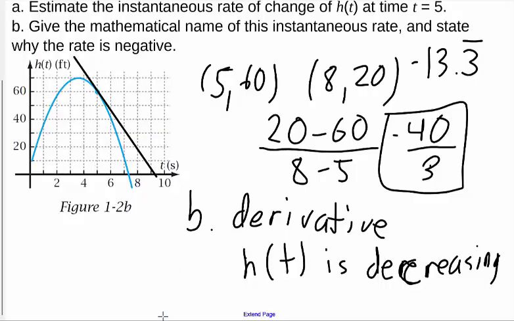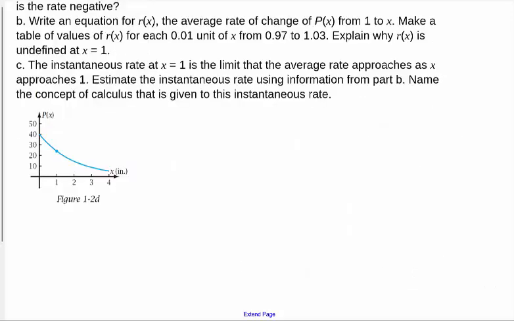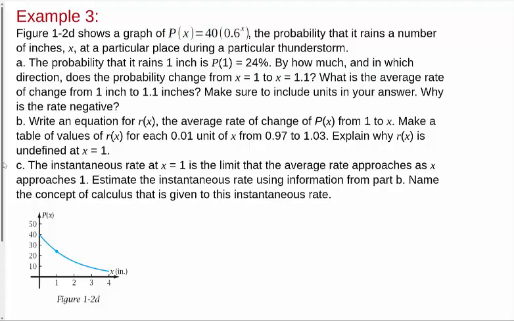All right, let's look at now an example with a function with values, not with an equation. So it says, figure 1-2D shows a graph of p of x equals 40 times 0.6 to the x, the probability that it rains a number of inches x in a particular place during a particular thunderstorm. Probability that it rains 1 inch, p of 1, is 24%. By how much and in which direction does the probability change from x equals 1 to x equals 1.1?